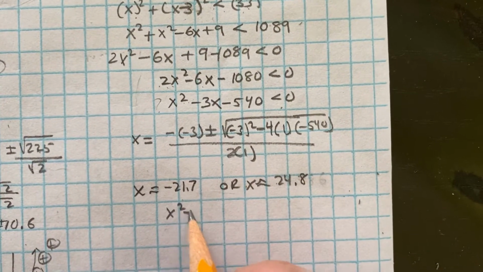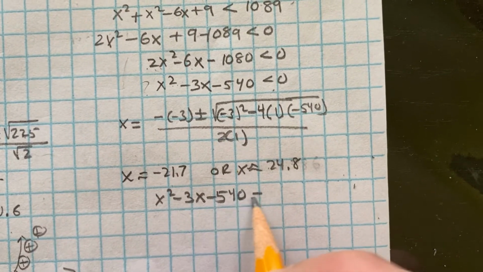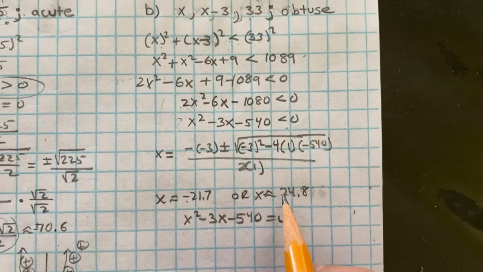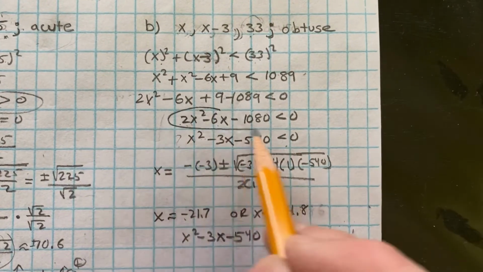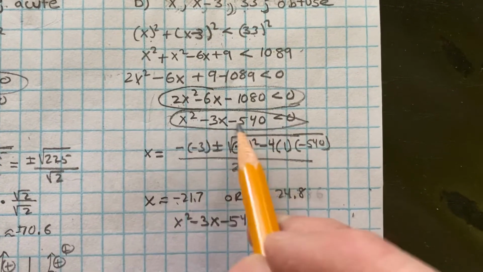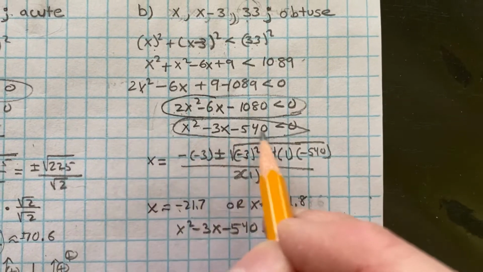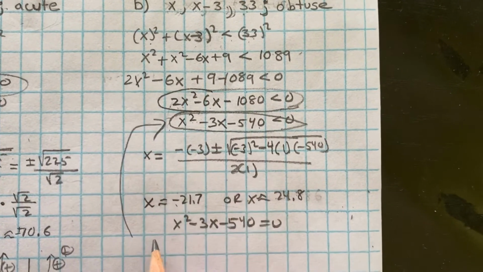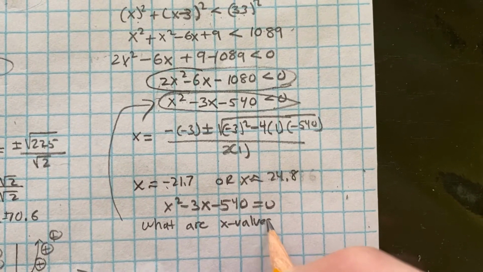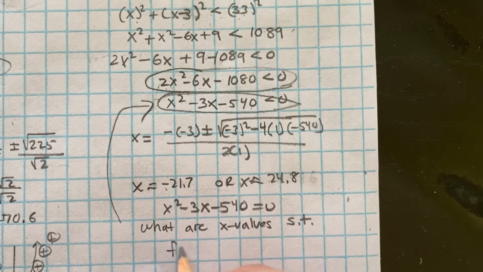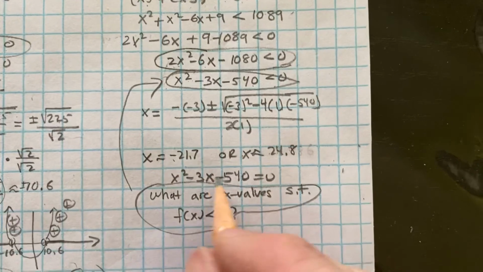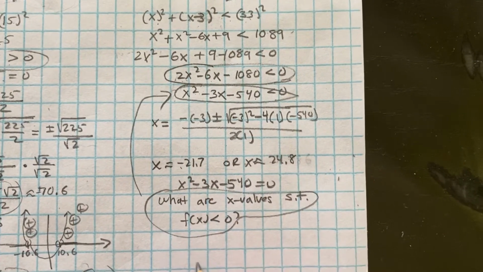Okay, so after I set this equal to 0, this is for the solution set for it to equal 0. All right, these are my two x-intercepts. And going back to this expression, the simplified one, the one where there's not a 2, it doesn't really matter. This is saying, what are the x values such that f of x is less than 0? Okay, so like I said, the quickest way to solve a quadratic inequality is by sketching.